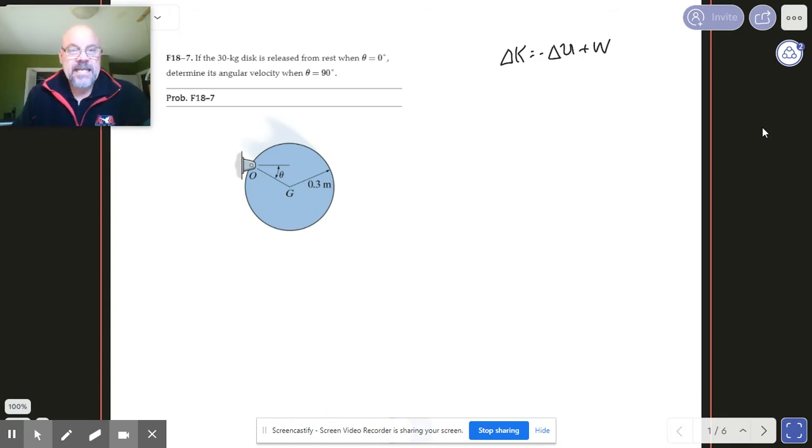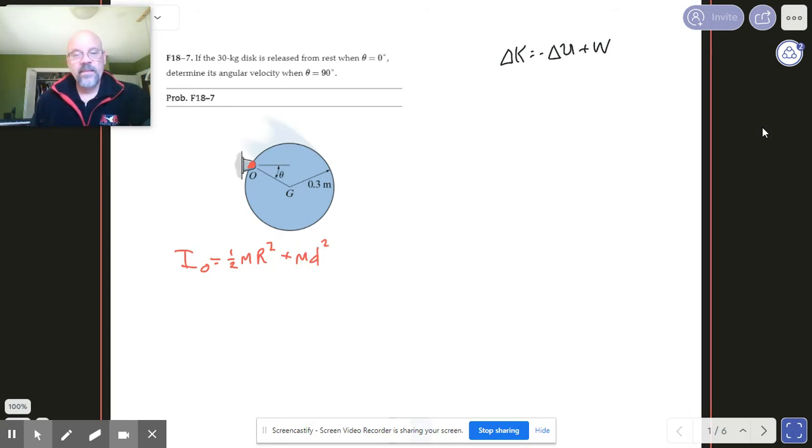So in our case here, we want to put our pivot in the natural place right here. And so we're going to need the moment of inertia about the pivot point, which is our geometry term, 1/2 mr squared, plus our parallel axis theorem term, md squared.